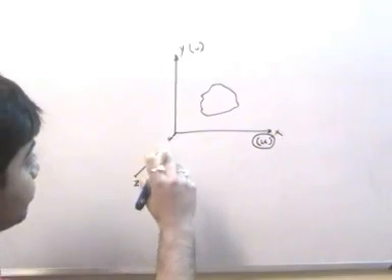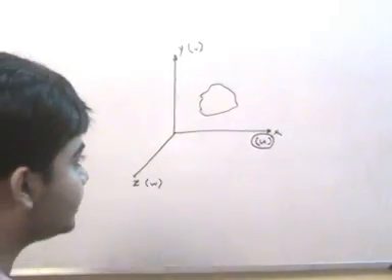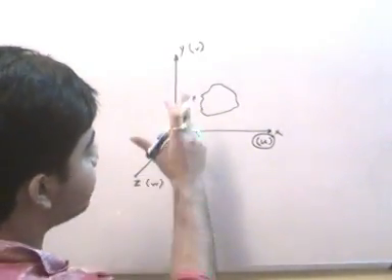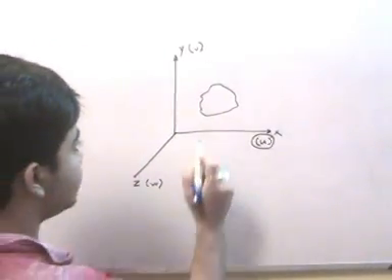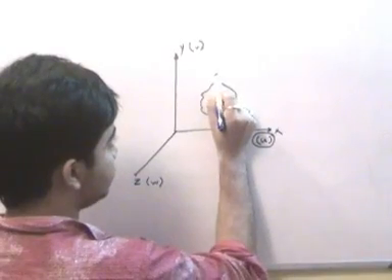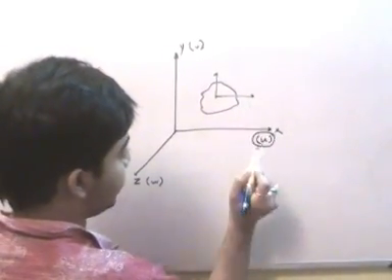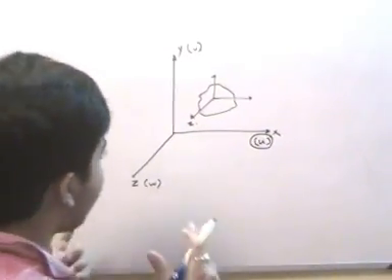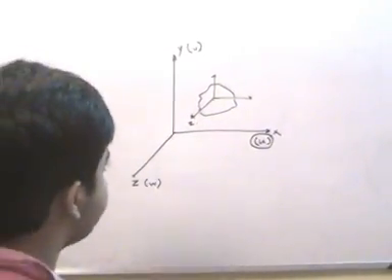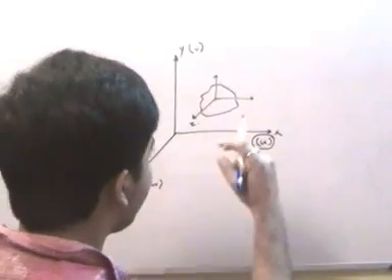Now this body can also rotate, in the sense that this body will have 3 axes basically, right? Suppose this is my y-axis, this is my x-axis, and this is my z-axis. Now this body can have 3 types of rotations basically. Number one, it can rotate about the x-axis.